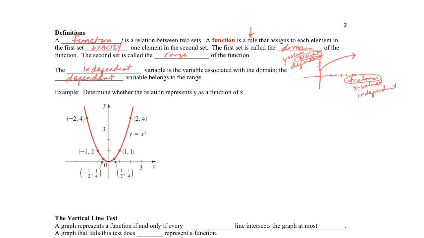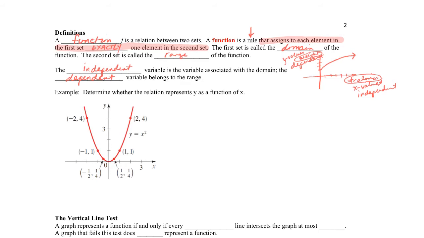In our example below, we're supposed to determine whether the relation represents y as a function of x. One thing to point out in our definition is that a function is a rule that assigns to each element in the first set exactly one element in the second set. We want to write that a little differently.